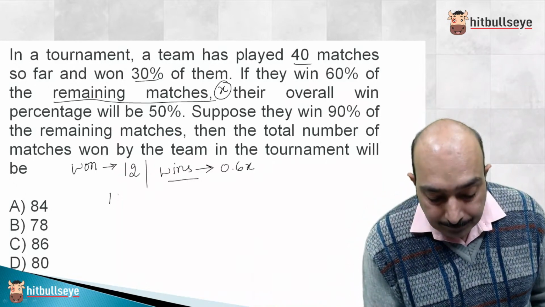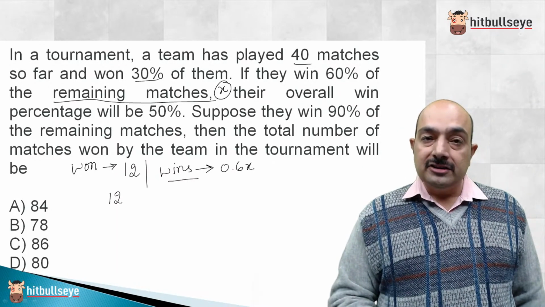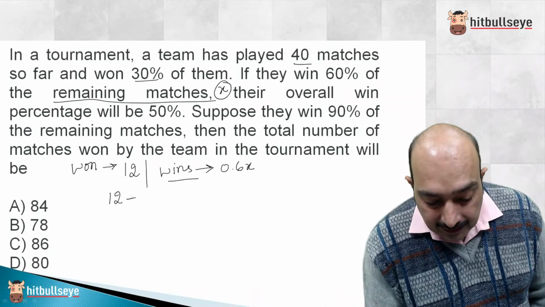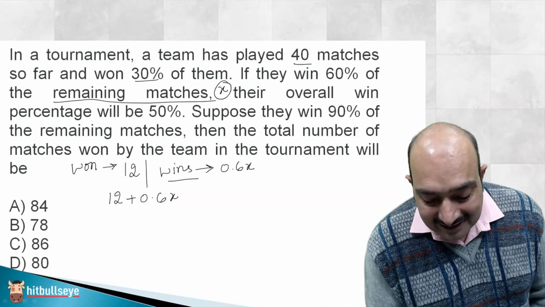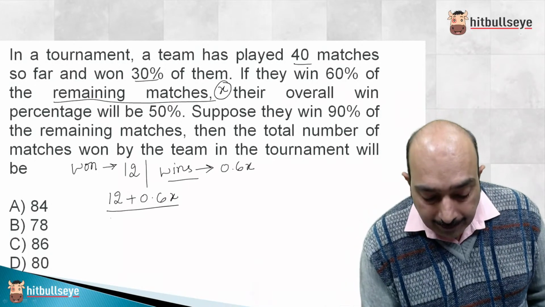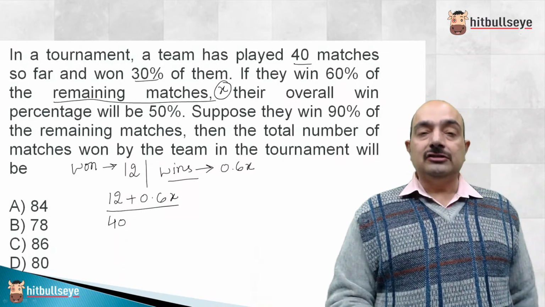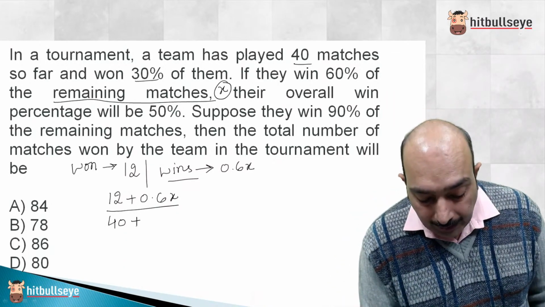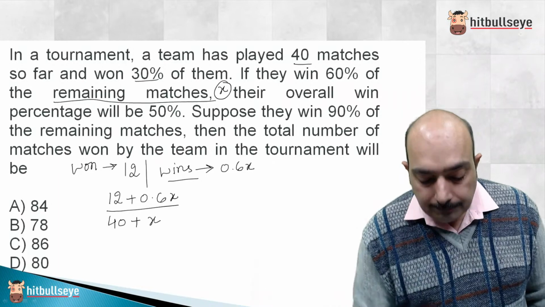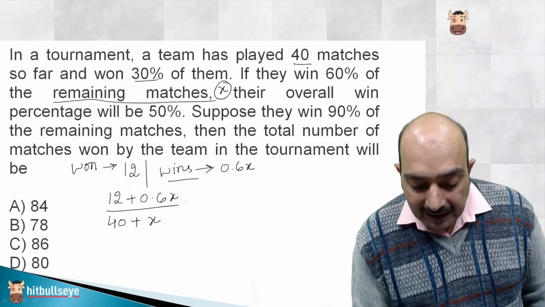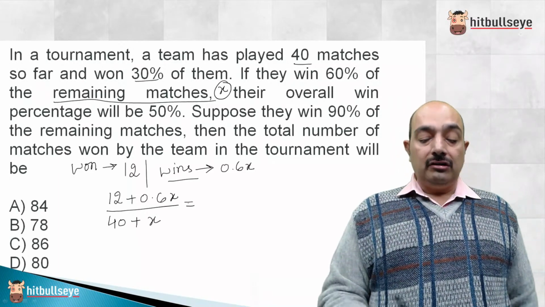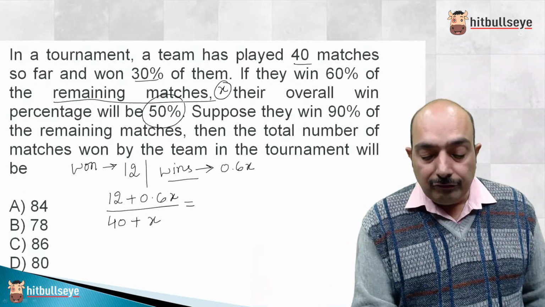So earlier there were 12 matches won, then some more wins, 0.6X, divided by 40 matches already played and X matches played later on, and this is your win percentage. How much is that? 50%.